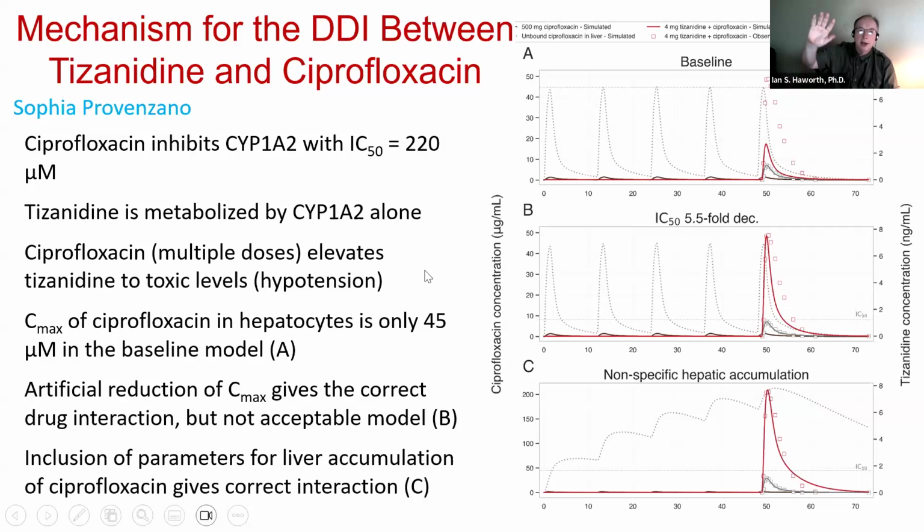So a lot of detail there, but the basic point here is that by building the model correctly and by including this liver accumulation, you can get the drug interaction. And mechanistically, that's certainly telling us something about ciprofloxacin.